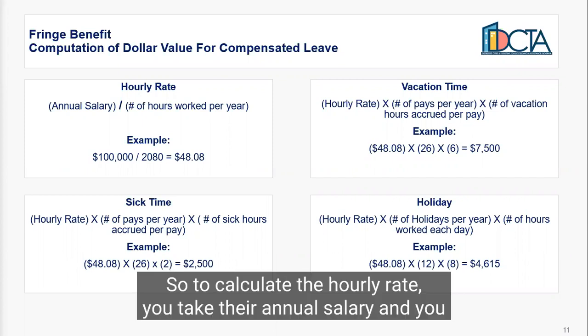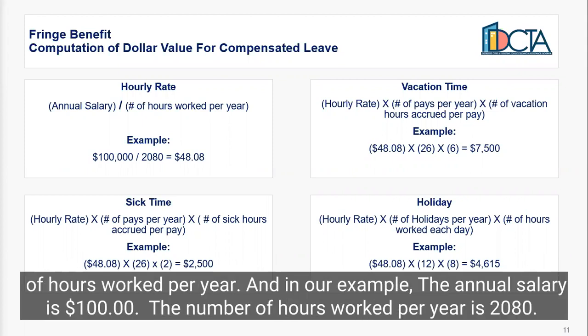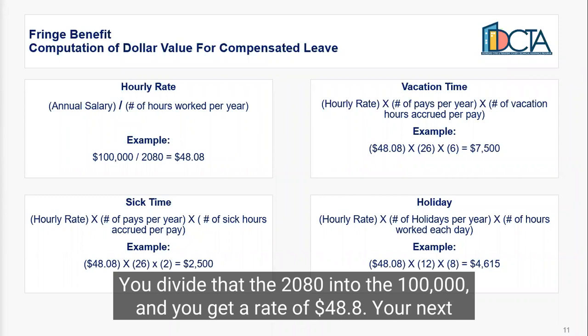So to calculate the hourly rate, you take their annual salary and divide that by the number of hours worked per year. In our example, the annual salary is $100,000. The number of hours worked per year is 2,080. You divide the 2,080 into the 100,000, and you get a rate of $48.08.